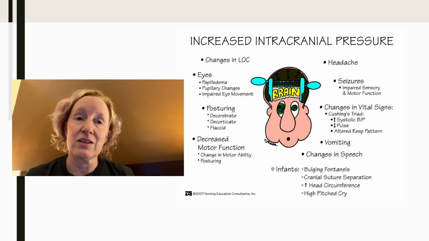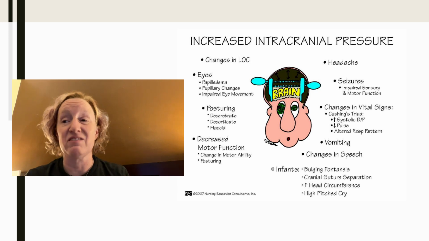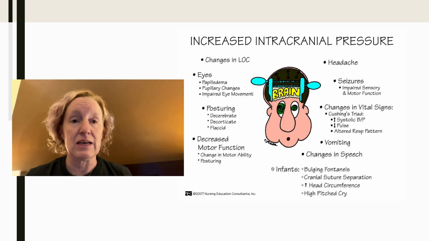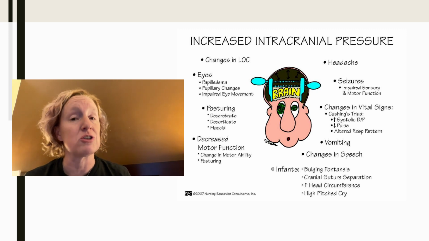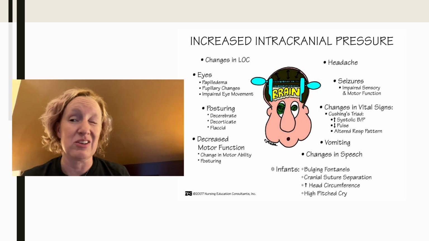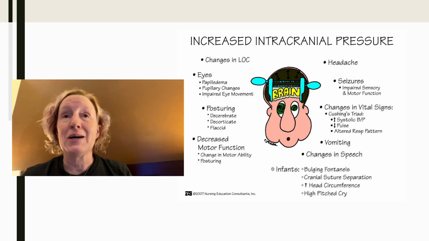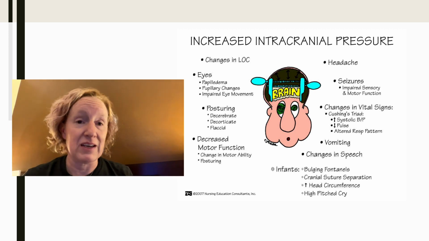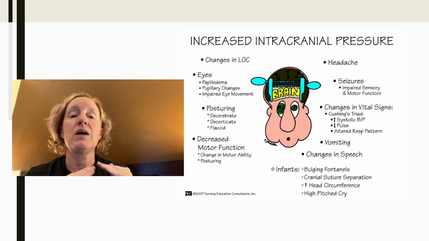The one on this little cartoon that I think is really important for us to pay attention to is infants. Understanding that with infants, when they have head injuries, especially like your shaken baby, or maybe your kiddo that rolled off the changing table, or fell off the counter or something, right? Kids do crazy things.